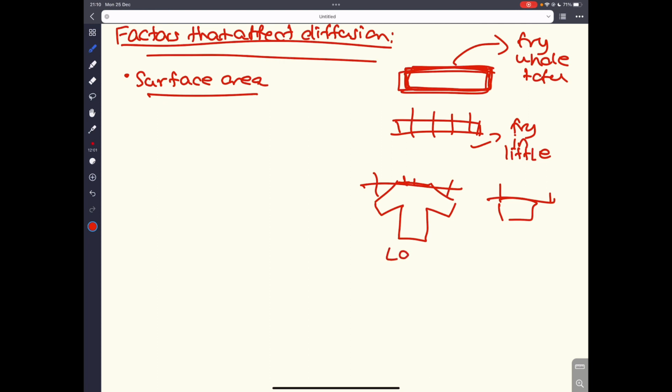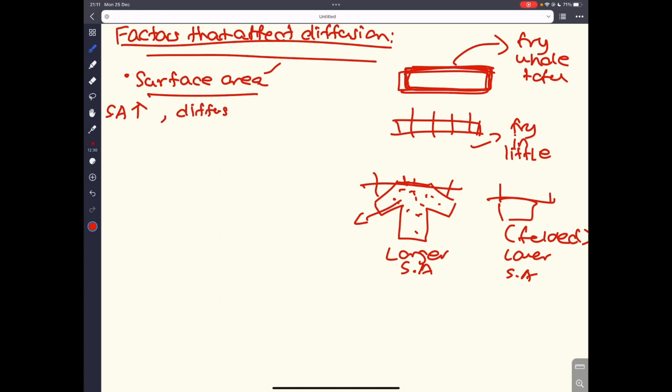This is because there is a larger surface area, so the water molecules that are soaked in your shirt can diffuse out way faster than if you were to use a lower surface area, or basically a folded shirt. This is the same principle: surface area. So if we increase the surface area, the diffusion rate will also increase.